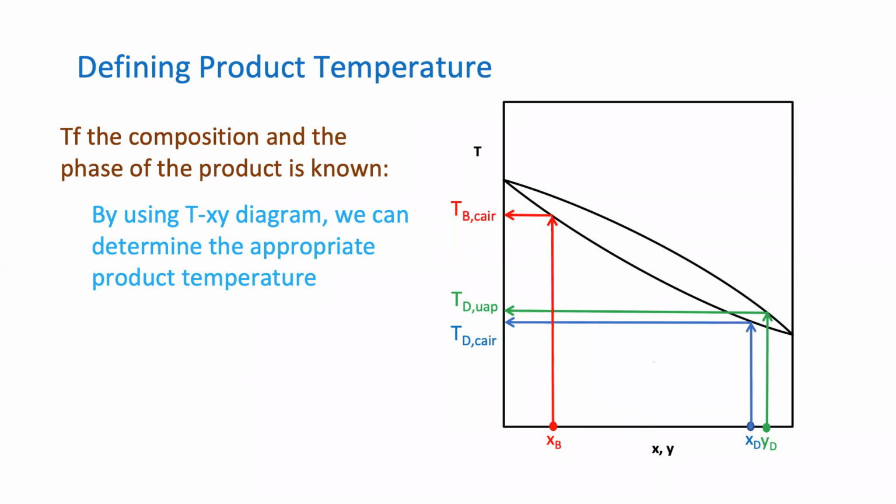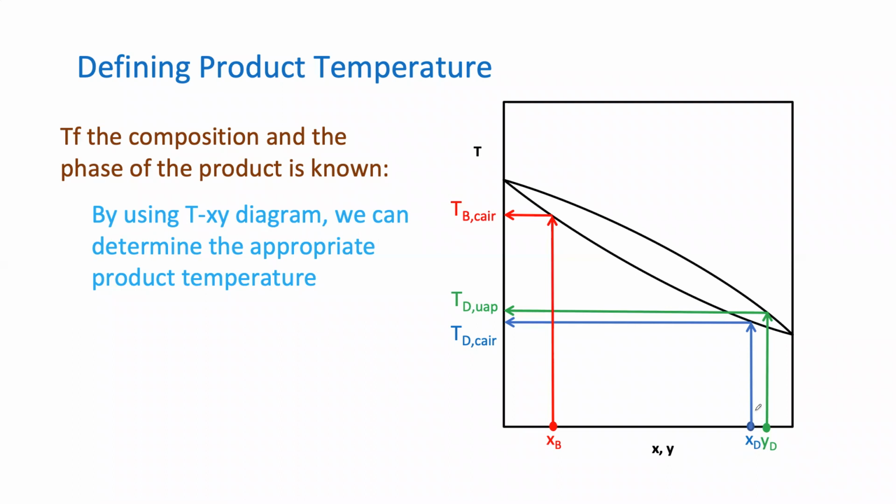For example, a feed is around here, and the outcome is the distillate. If we take the distillate as a liquid, then we know the composition of the liquid. Let's say I want 0.95, a composition of 95% A in the liquid phase.